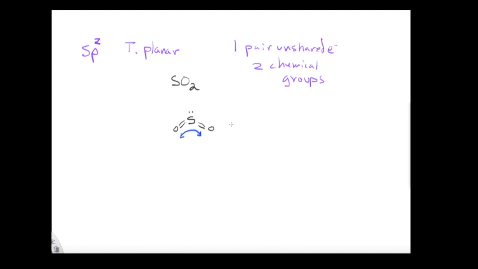So this particular type of sp2 geometry is also bent. The thing is, the bond angle is around 120 degrees versus being something closer to water, which is around 104.5. Nevertheless, these molecules are still bent.